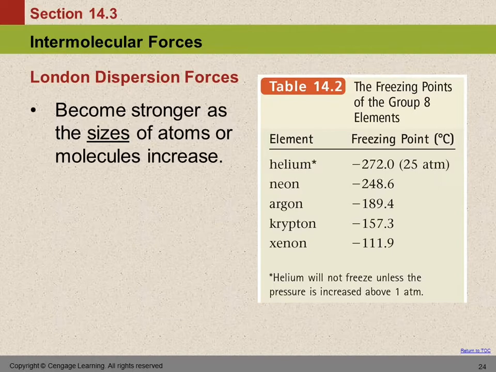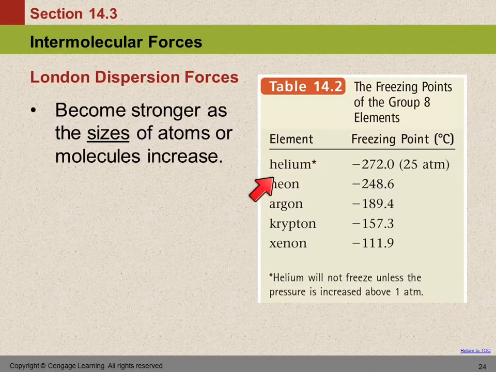So we can look at the freezing points of these different noble gases and see how the size of the atom affects the strength of the intermolecular forces. So these are all monatomic elements: helium, neon, argon, krypton, and xenon. They're noble gases.